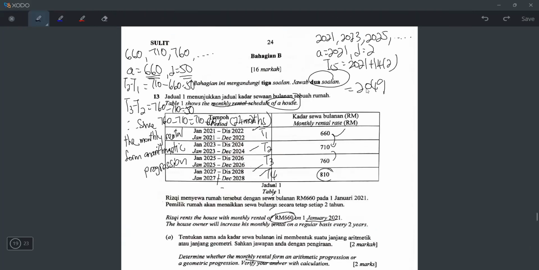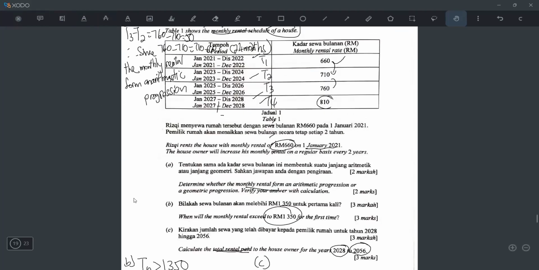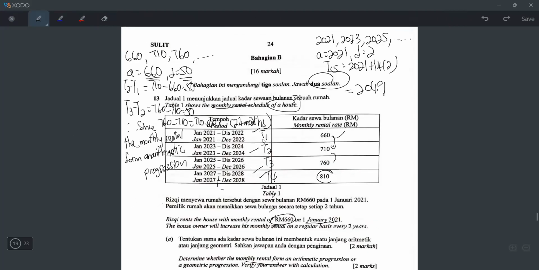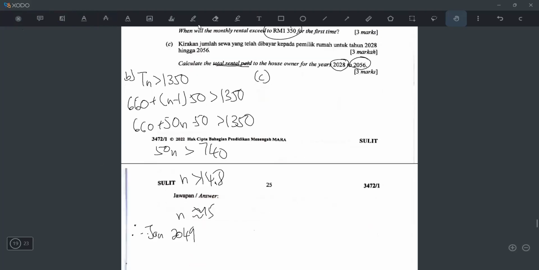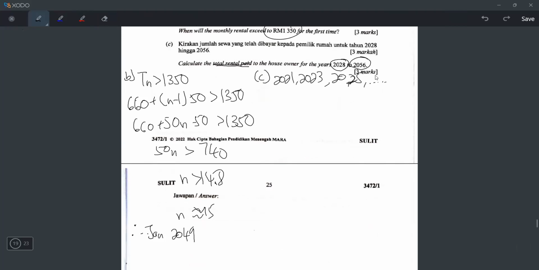So same thing, we use this progression, right? So if you want to know until 2056, how many terms is it? Let's remember 2021, 2023, 2025, and I want to know how many terms until it reaches 2056.